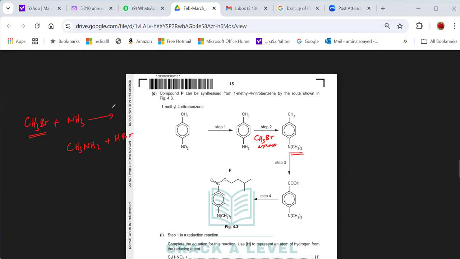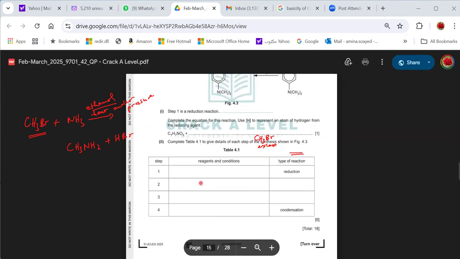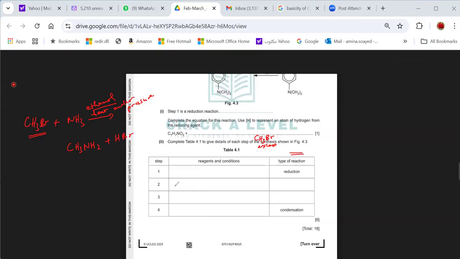And what are the conditions here? We have to react it in presence of ethanol, because the halogenoalkane must dissolve in ethanol. And also we have to heat under pressure, or just say heat. So here the reagents and conditions will be excess of CH3Br or Cl and heat, and dissolved in ethanol.